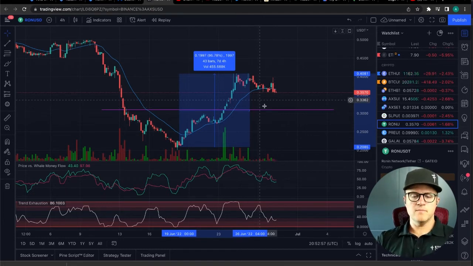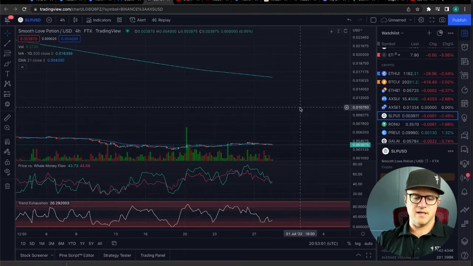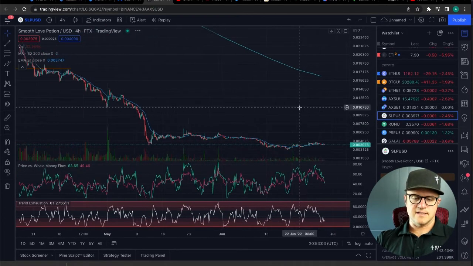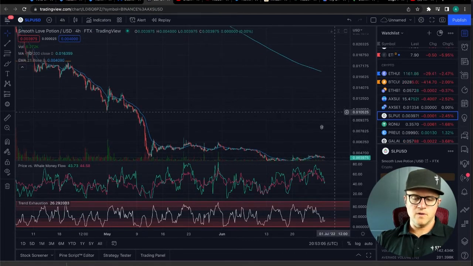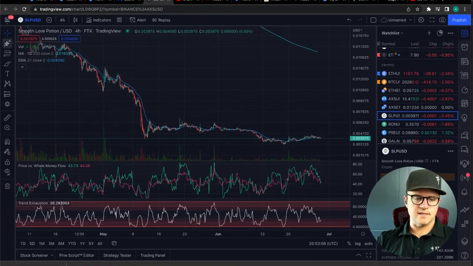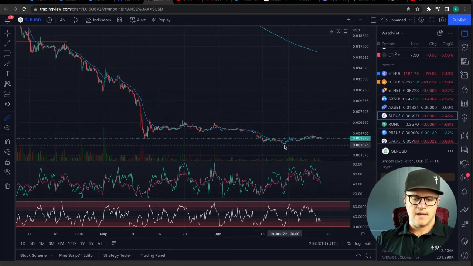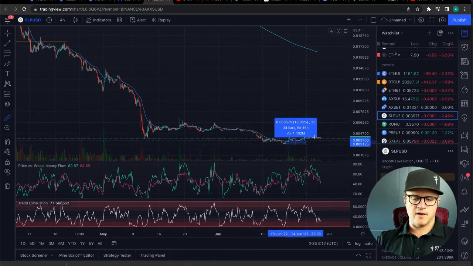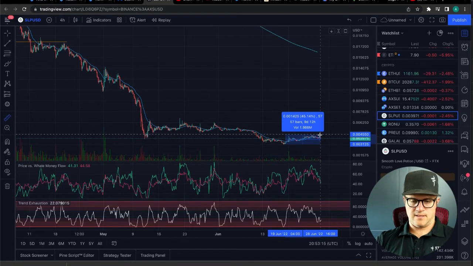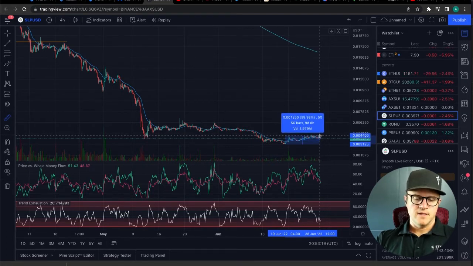So other things I'm looking out for, the price of SLP has been extremely steady. We've gotten as low as 0.003, and back up to 0.004.